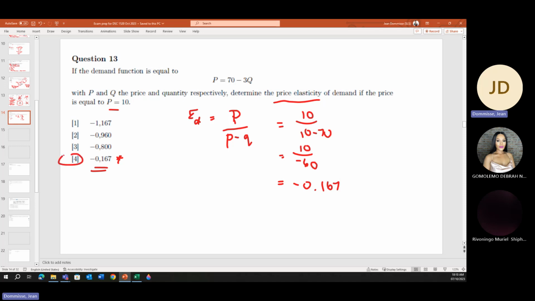So just be careful with this equation and how to work it out. This was when we looked at price elasticity of demand.